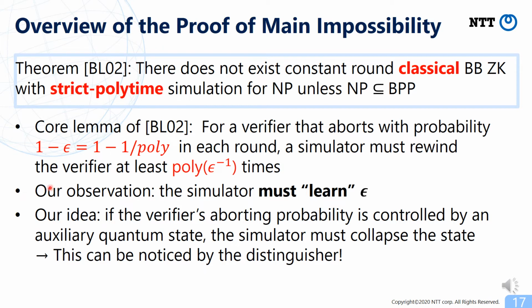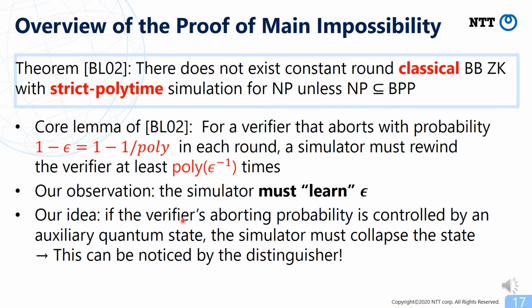Here, our observation is the following. This lemma essentially means that the simulator must learn epsilon, because the simulator decides how long it runs depending on the value of epsilon. Then our idea toward our impossibility result is the following.